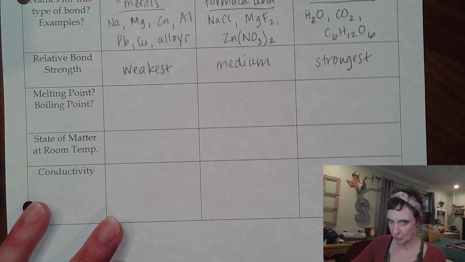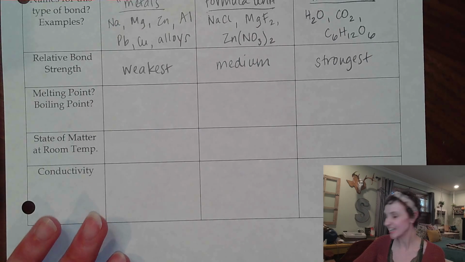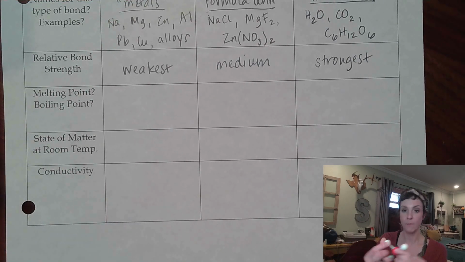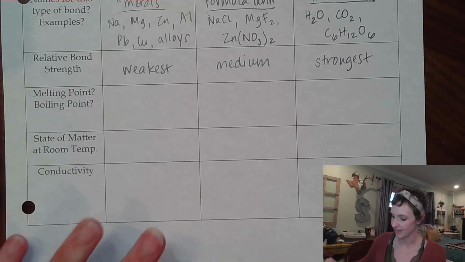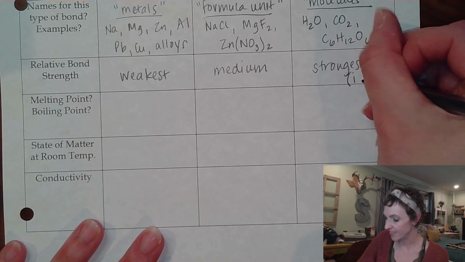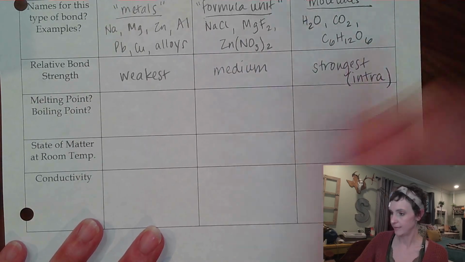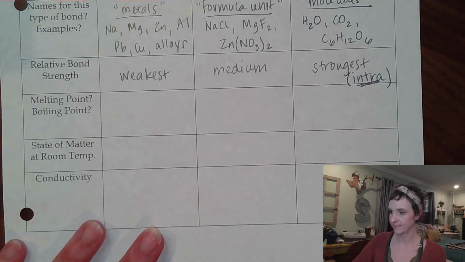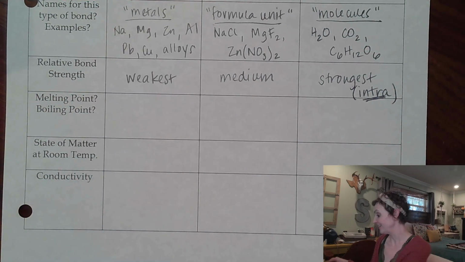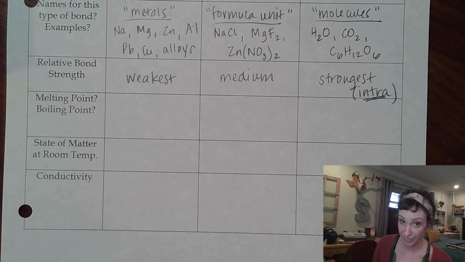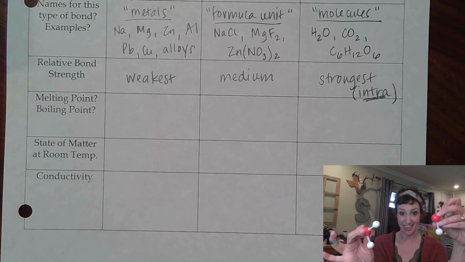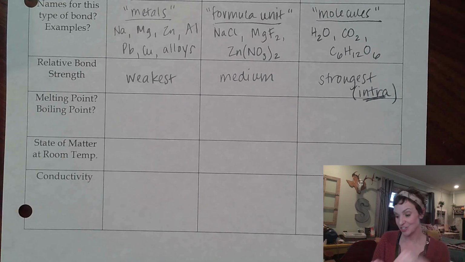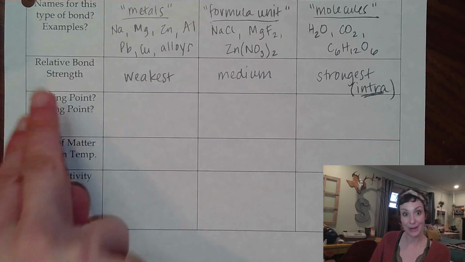And when we say strongest, specifically the bond in between the atoms, that shared pair of electrons, we are going to call that the intramolecular force. And keep in mind, we talked about the intermolecular forces, the forces of attraction that would hold two molecules together. That is actually even weaker than my metallic bond.